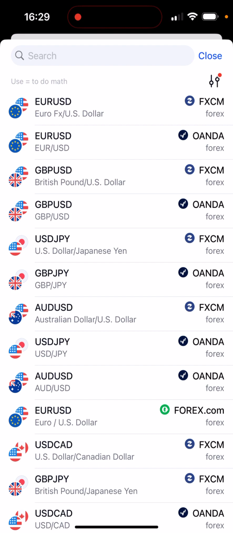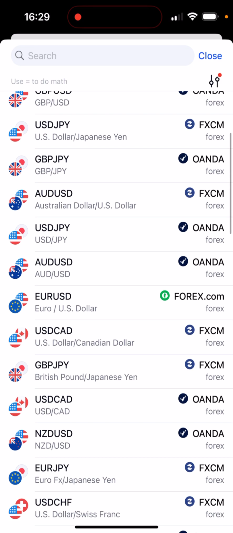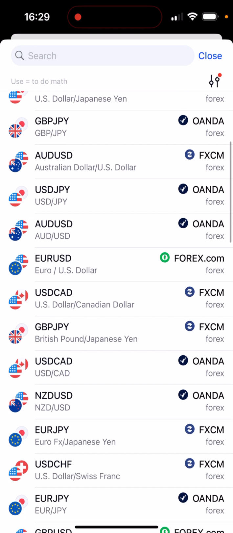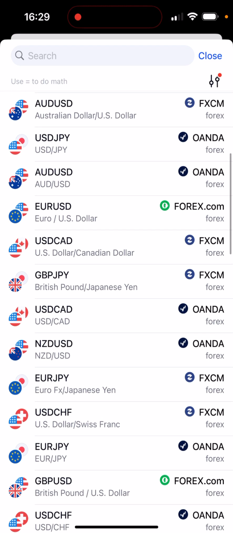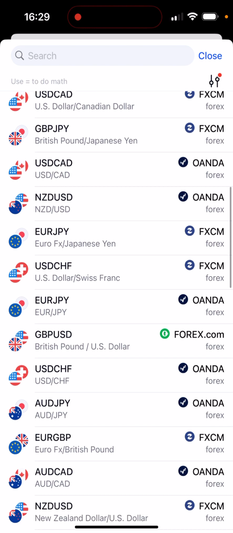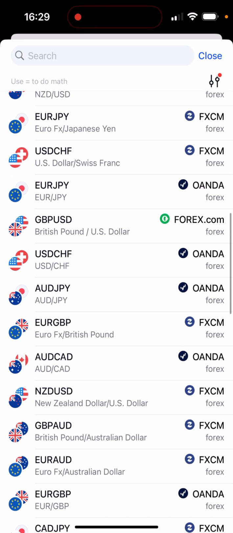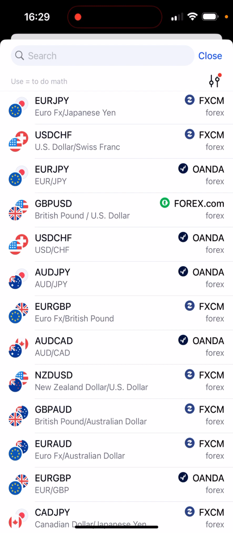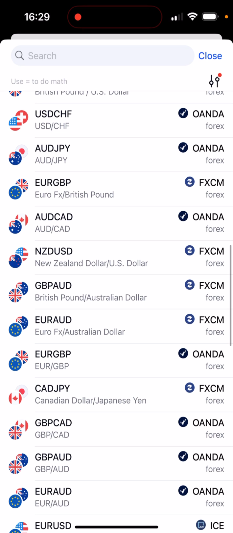As you can see, I like to trade Euro USD, GBP USD, USD JPY, GBP JPY, Australian dollar and US dollar, USD JPY of course. Then you've got USD CAD, of course, New Zealand, of course, Euro JPY 50-50, but sometimes I do trade that. Euro and GBP, never. I'm not interested in that pair.